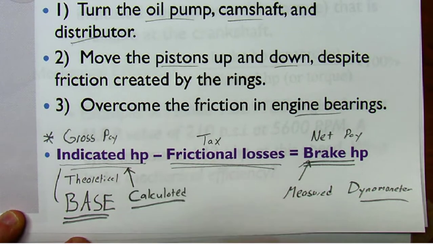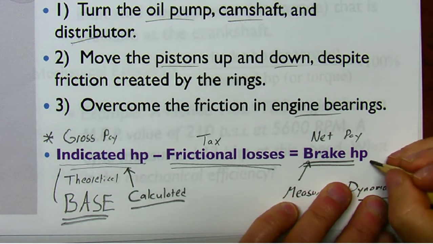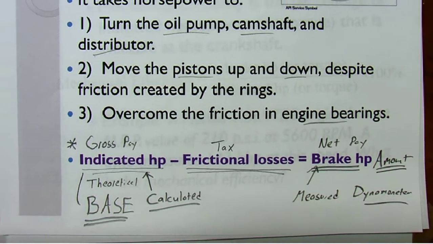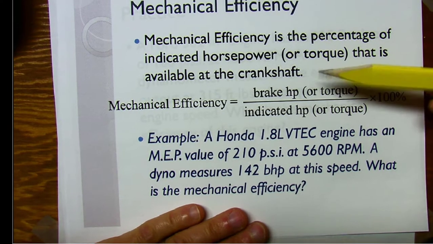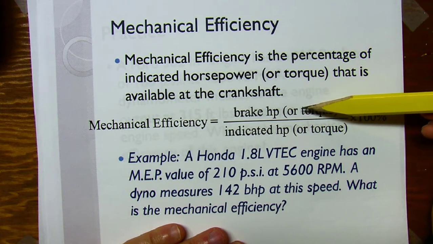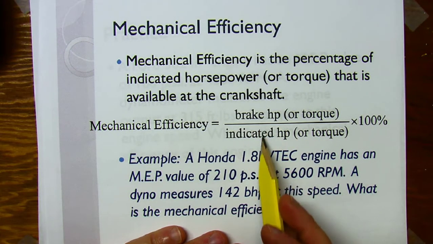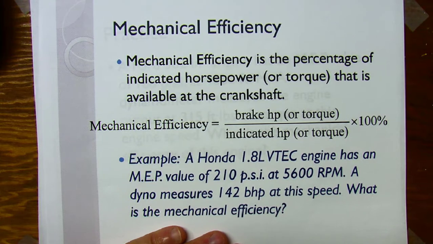That's what we start with. Then we lose some due to friction, and our brake horsepower, that's our amount. That's what we're left with. So mechanical efficiency is just the percentage that we actually get out of the engine. So we take our brake, the amount, and divide it by the indicated, which is the base, and that gives us our percent efficiency.